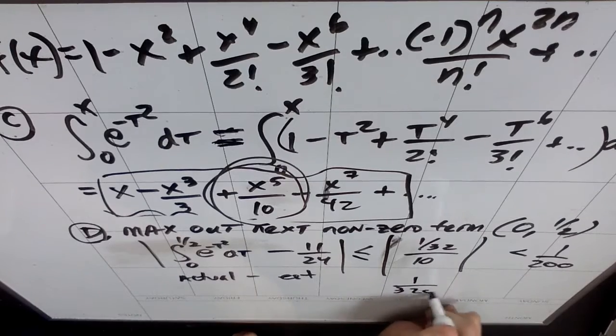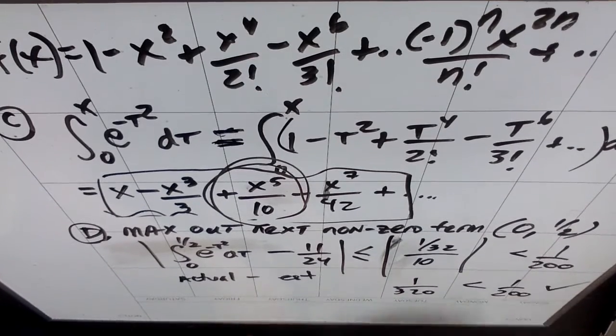Well, 1/320 is absolutely less than 1/200, so there you go.